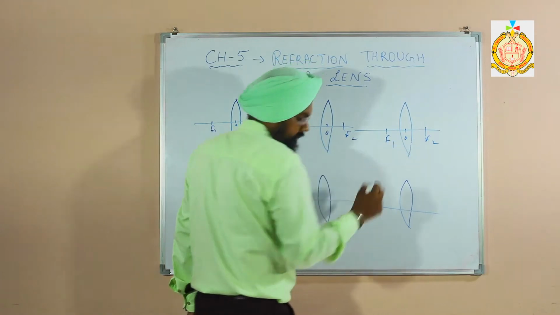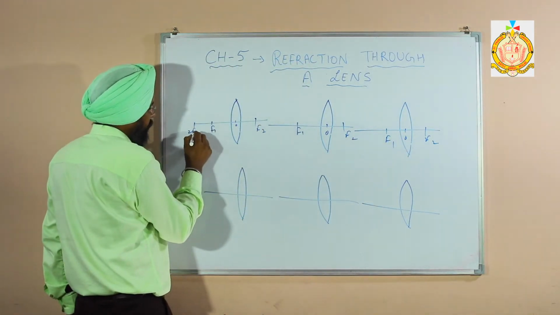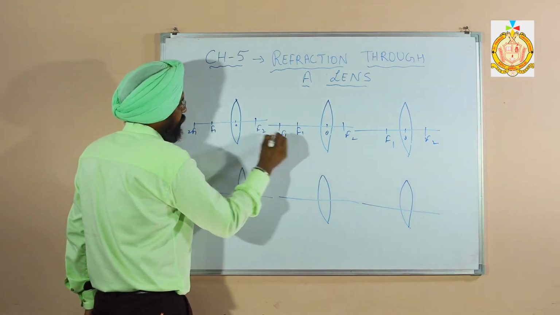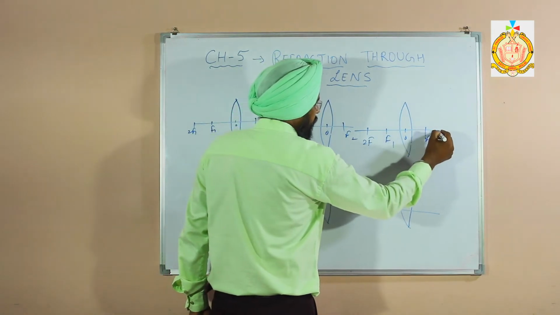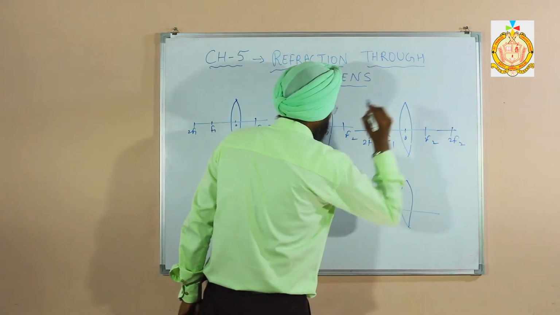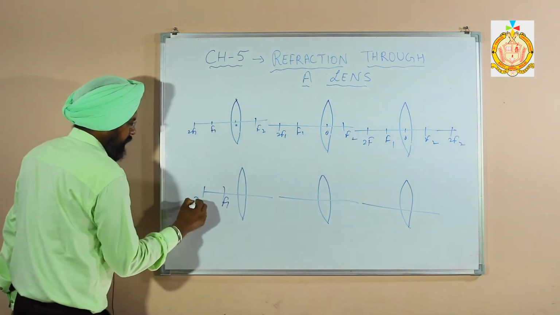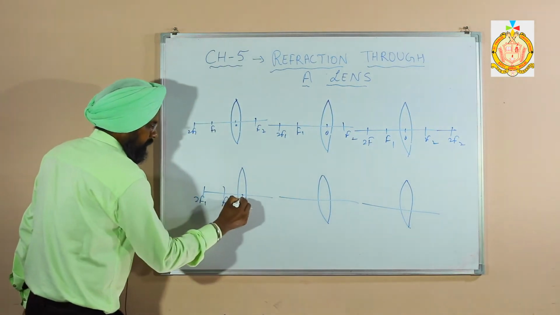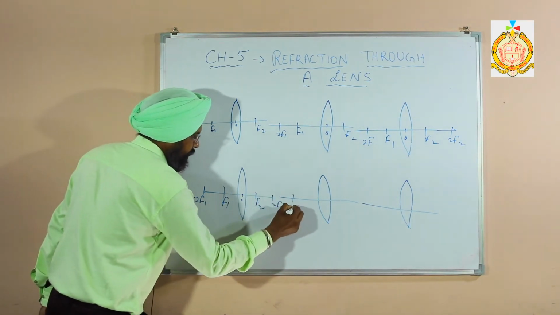On this side, 2F1 and F1, and after this, F2 and 2F2 will also be there.